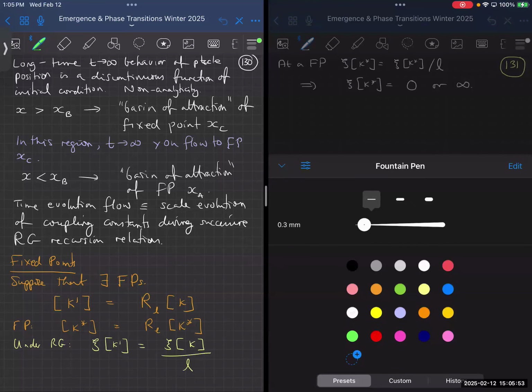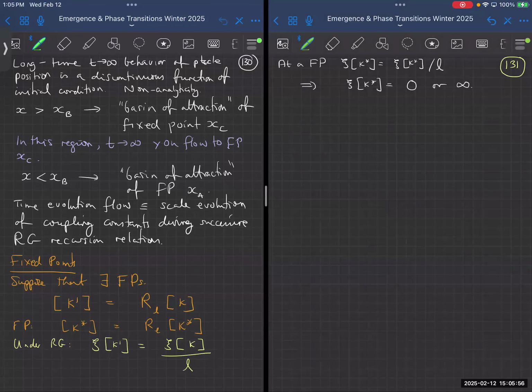Those are the only ways that can be solved. If it's 0, this is called a trivial fixed point. And the trivial fixed points have a physical interpretation, as we shall see. They correspond to the bulk phases of a system.